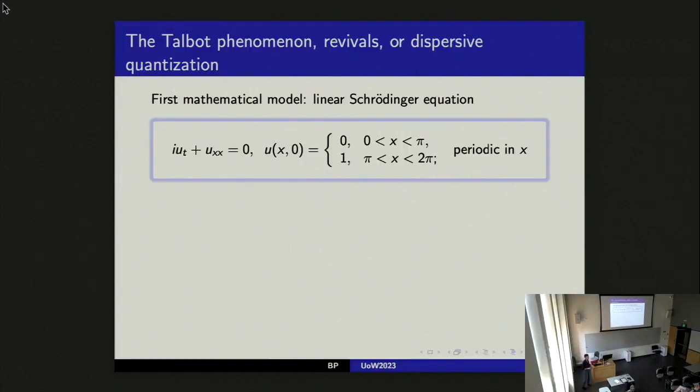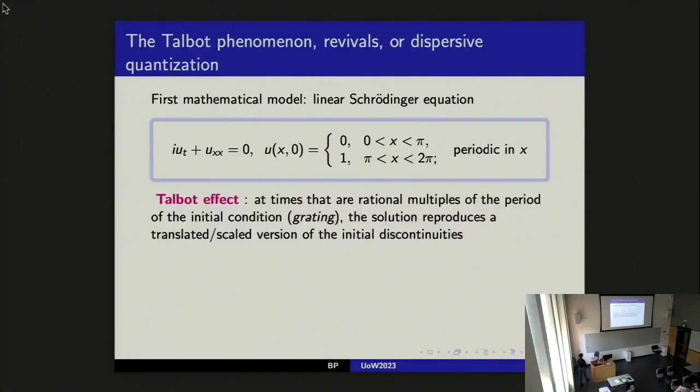And then you look at what the solution looks like. First of all, let me say this initial condition is not continuous, so you don't really expect the solution to be twice differentiable. So when I say solution, I really mean a weak solution. However, the interesting thing is that it has a meaning pointwise everywhere.